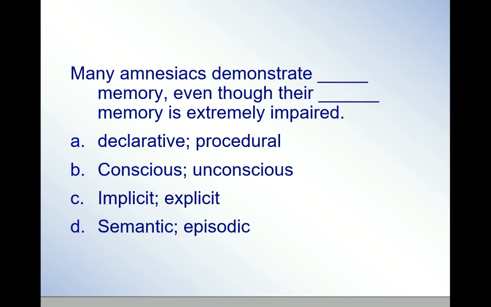So this question would have been better earlier in the lesson, but the answer is D. Semantic definitions of words, fact memory. Episodic memory is the memory of certain events in your life. When you have amnesia, you may not remember events of your life, but you still remember how to do your procedural memories. You still remember basic facts, like what year it is.